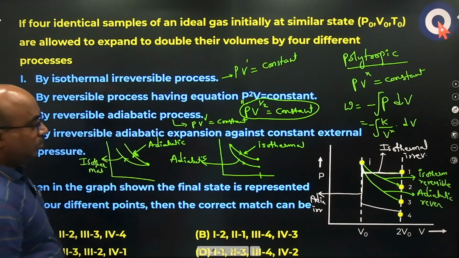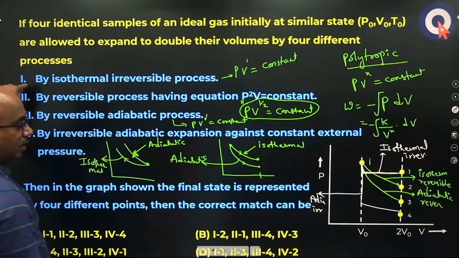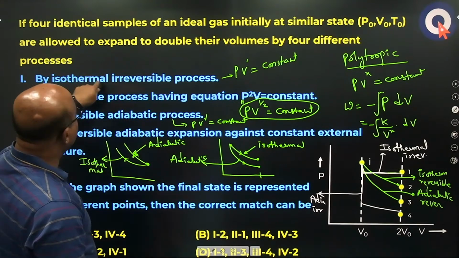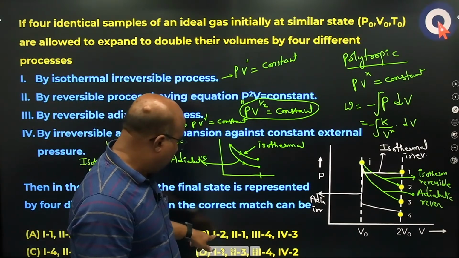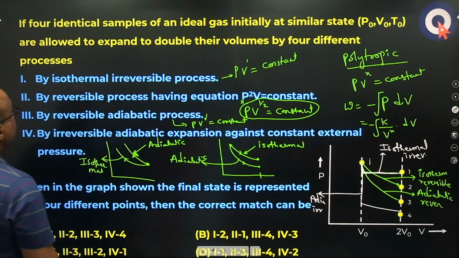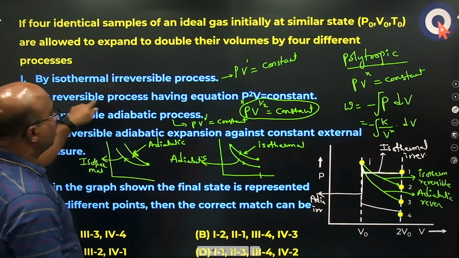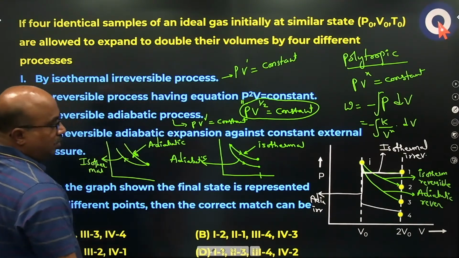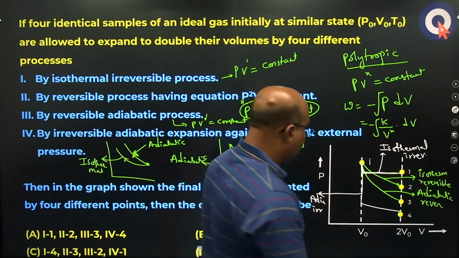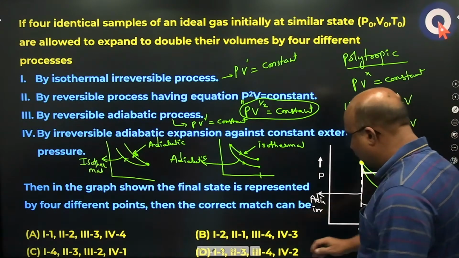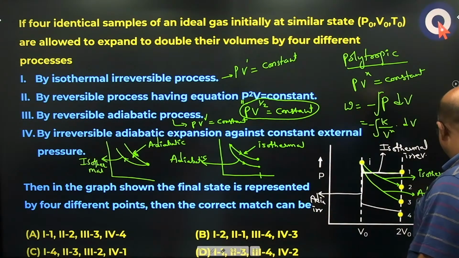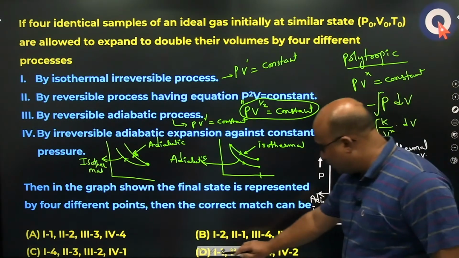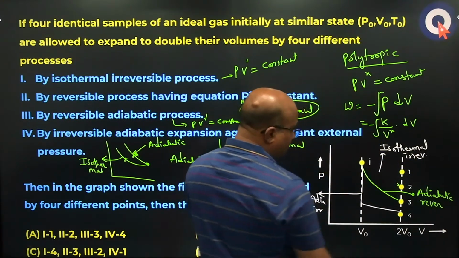So process 1 is indicated by graph 2, because it is isothermal irreversible. So 1 indicates that, clear? The isothermal reversible process has this one. So this is the reversible, irreversible graph. This is isothermal irreversible type. Isothermal reversible is anyhow not there in this. Isothermal irreversible is only there. So in these two, first and second cases, the conditions are different.